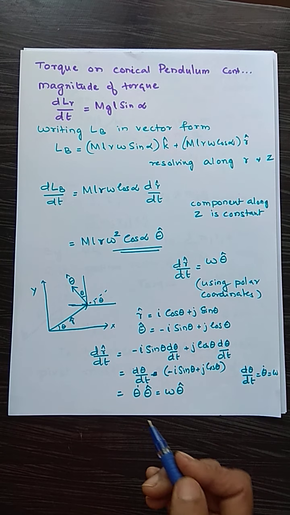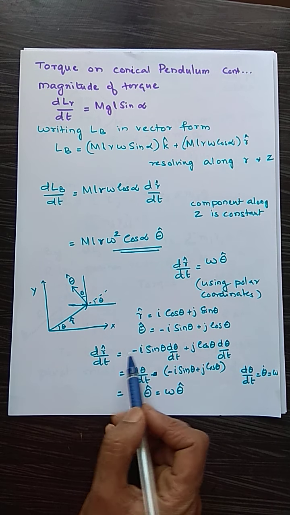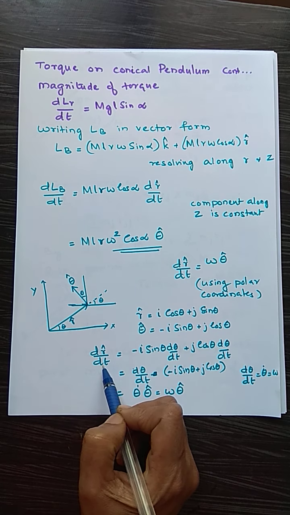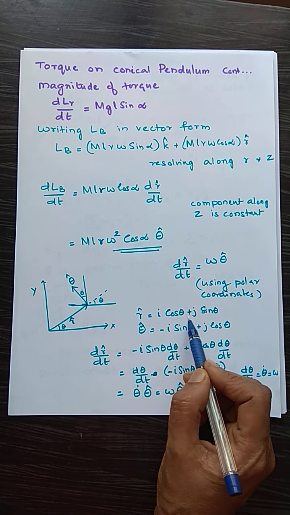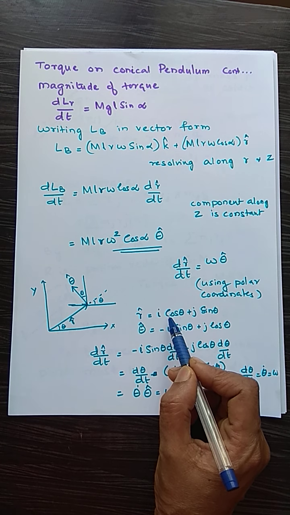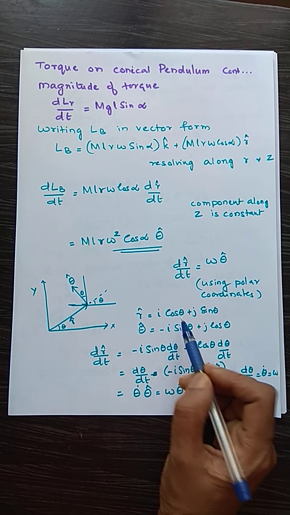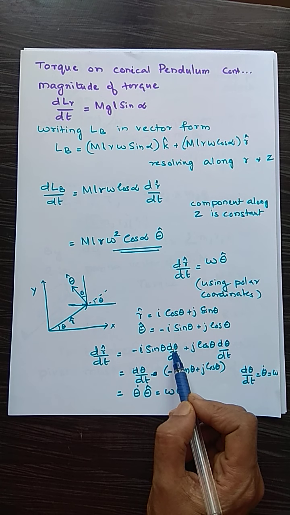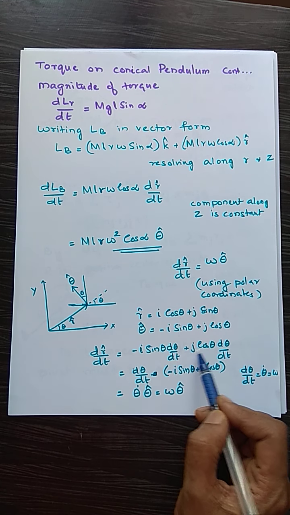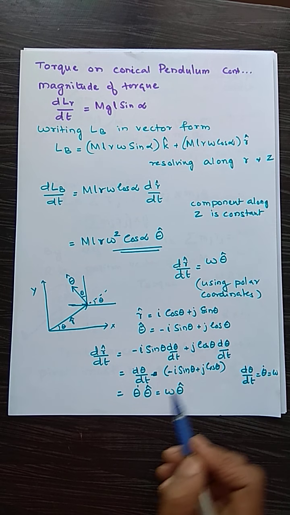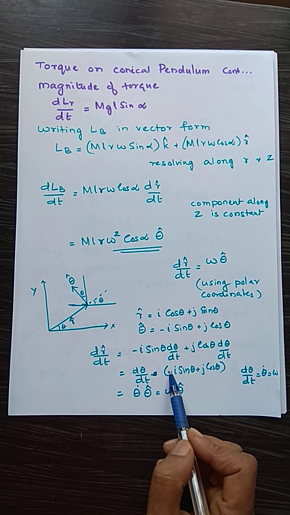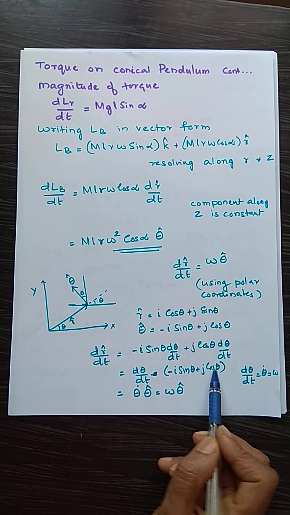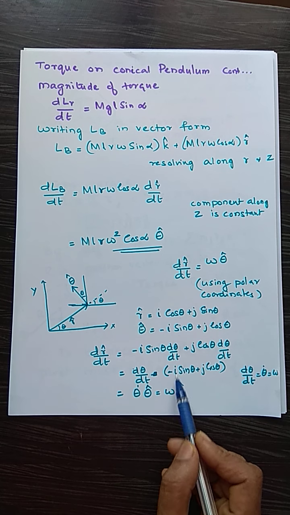This you have studied in your plus 2 classes; you can refer to those. Now I am taking the derivative of the unit vector r. So dr by dt: I differentiate i cos theta to get i times minus sin theta d theta by dt, and similarly j cos theta d theta by dt. Taking d theta by dt outside, in brackets you get minus i sin theta plus j cos theta, which is our unit vector theta.